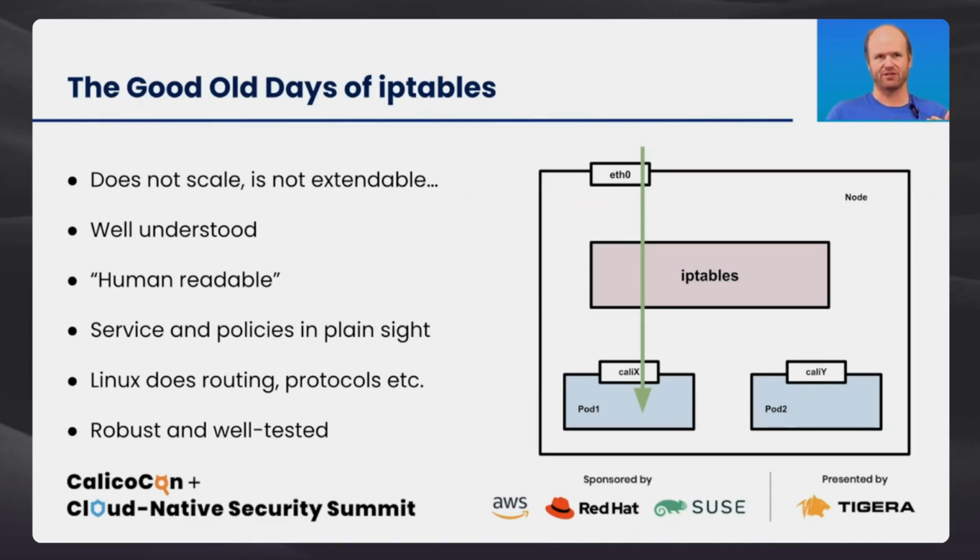So the services that Calico or kube-proxy programs and the policies are sort of in plain sight. You dump the rules and you can see what is programmed and what iptables are supposed to execute. The rest of Linux takes care of routing, protocols, other corner cases, and pretty much does all the heavy lifting.